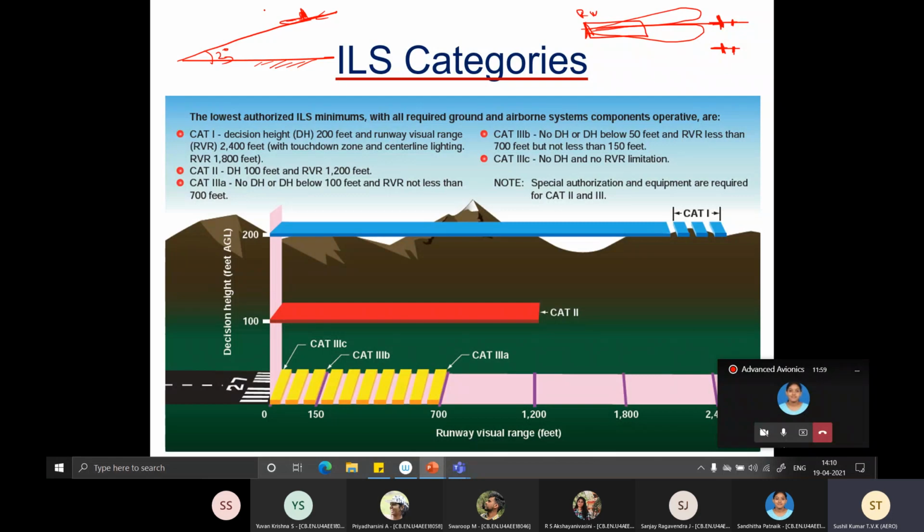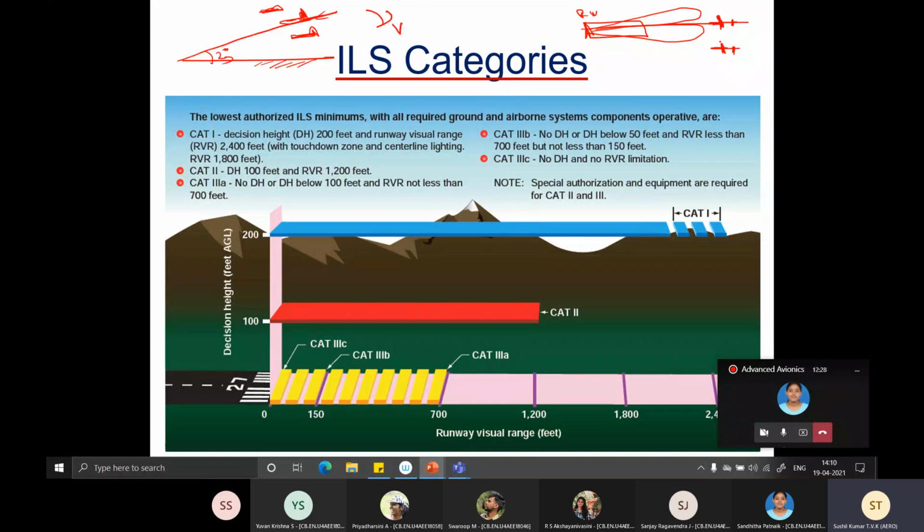So the aircraft can be below the glide path or it can also be above the glide path. Depending on this displacement, the glide path receiver is going to give the error in the alignment of the aircraft. So this error between the required glide path and the actual aircraft, we'll call it gamma V.